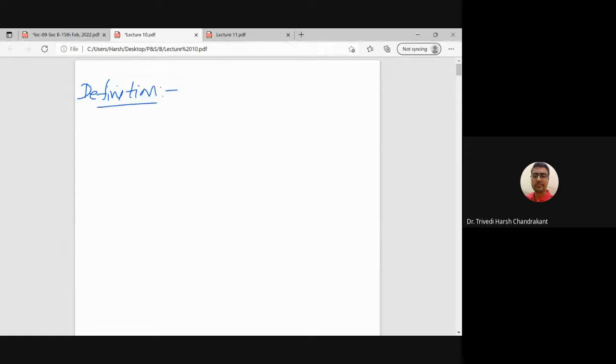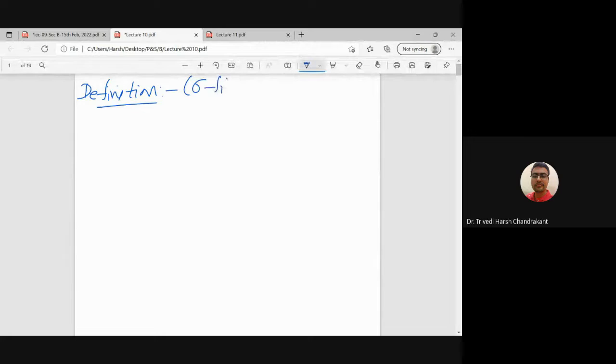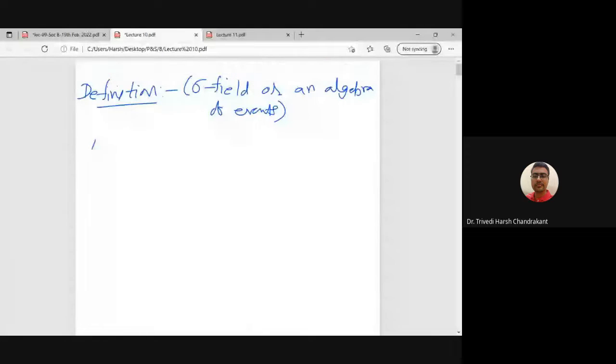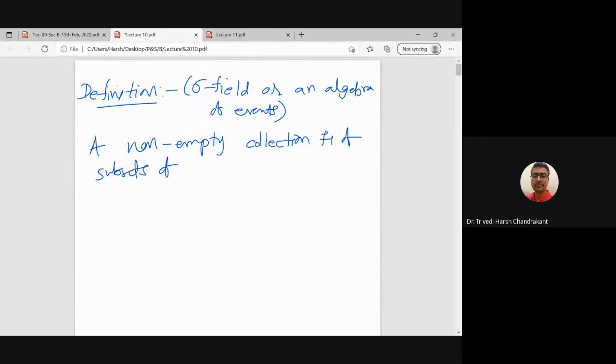If you recall, the sigma field is essentially the algebra of events. What is the definition? It is essentially a subset of the power set of omega. A non-empty collection F of subsets of the set omega.